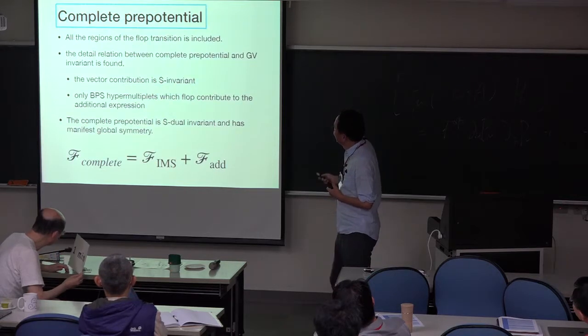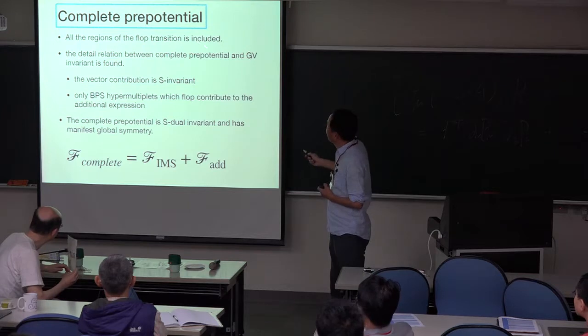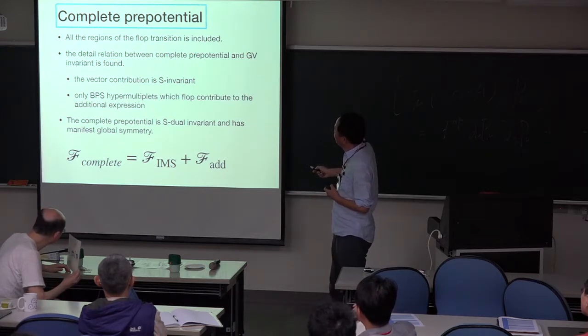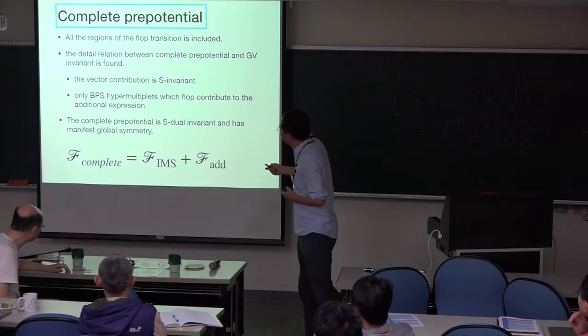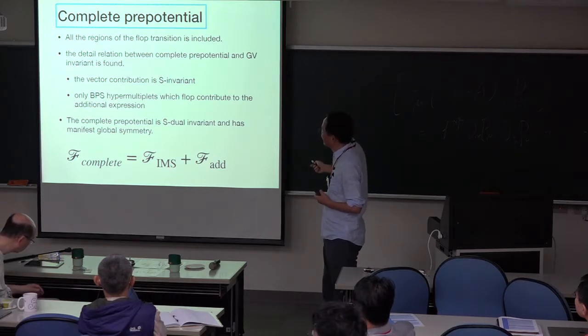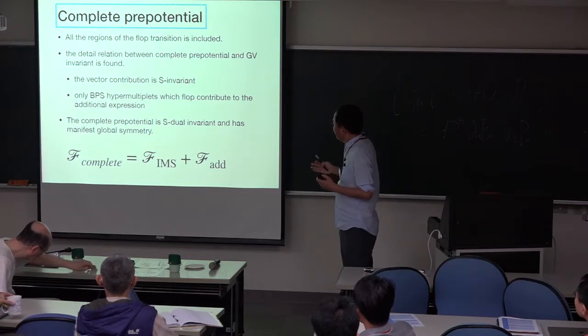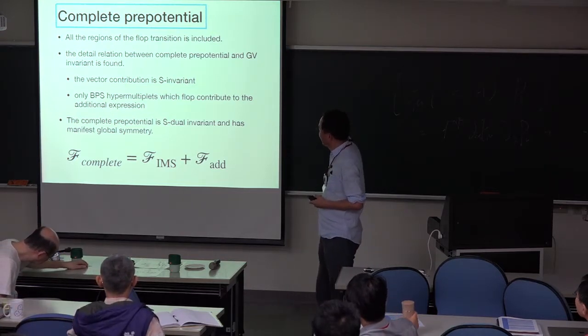So the complete prepotential includes all the transitions and also theories. We also know what contributes to this additional term. It comes from the previous hypermultiplet, which flops when you change the parameters, and they contribute to the prepotential.